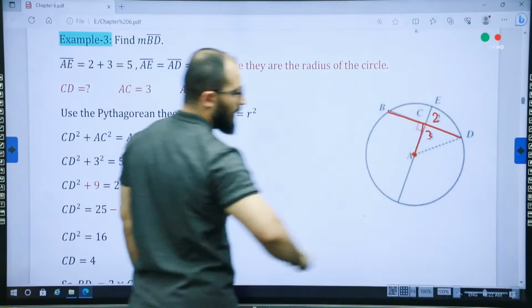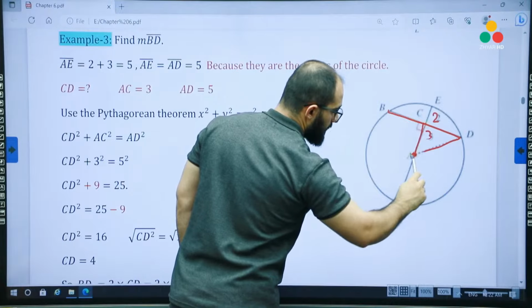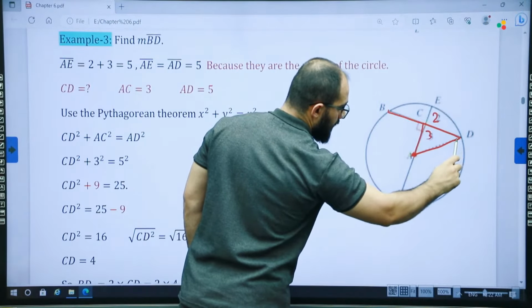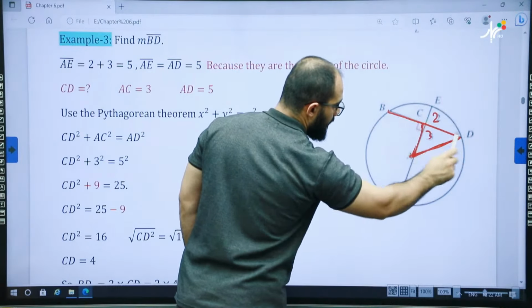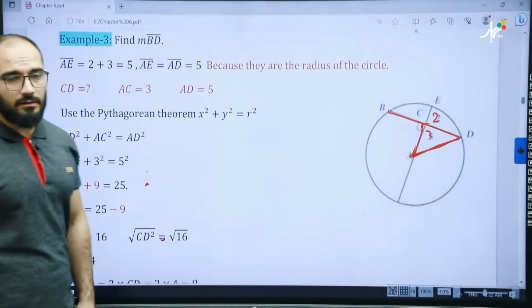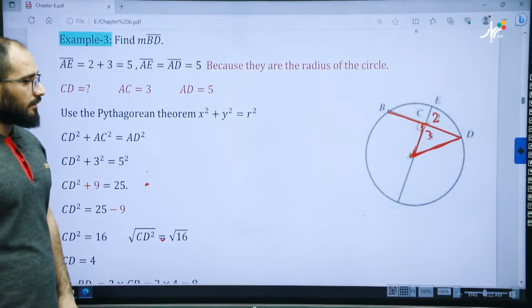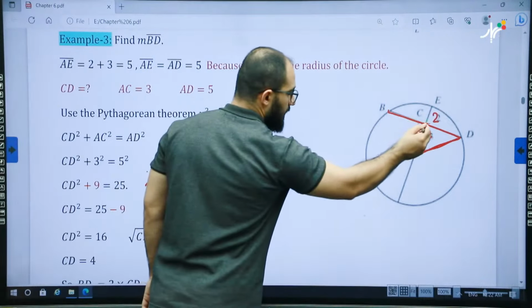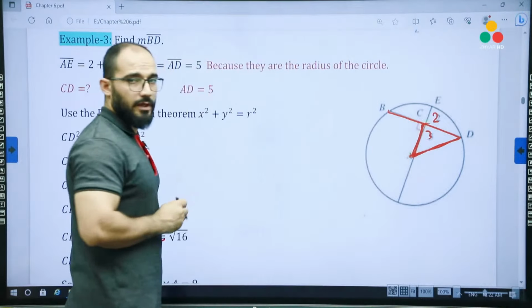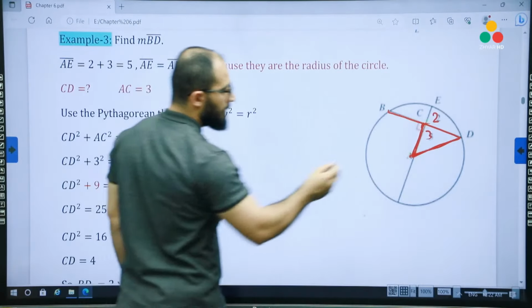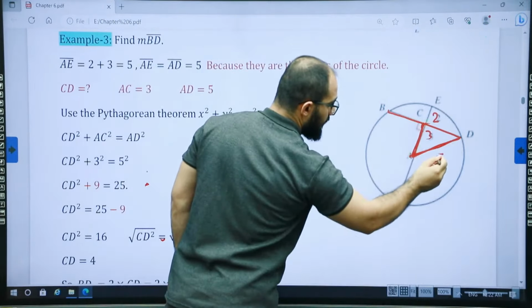Then on the other side, from AD, we can see that we have a right triangle. The length of that side is 3. The length of AD is 5.